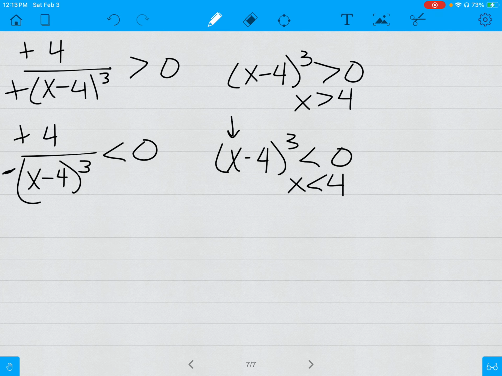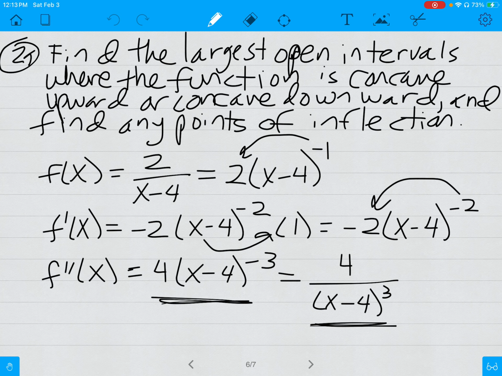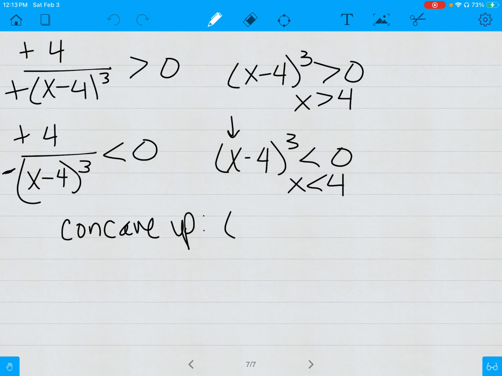So summarizing all of this, our function is concave up on the interval from negative infinity up to, but not including the value of 4. Again, open interval here.